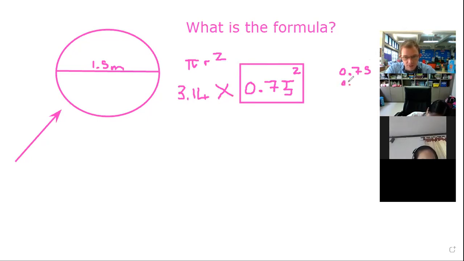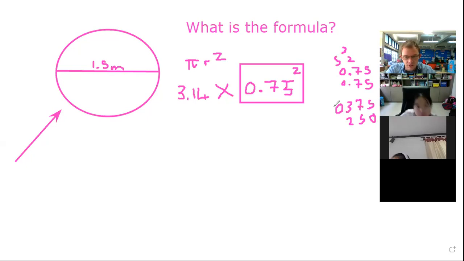So 0.75 multiplied by 0.75. 5 times 5 equals 25. 5 times 7 equals 35 plus 2 equals 37. 5 times 0 equals 0. 7 times 5 is 35. 7 times 7 is 49, that's going to be 52. 7 times 0 equals 0 plus 5 equals 5.